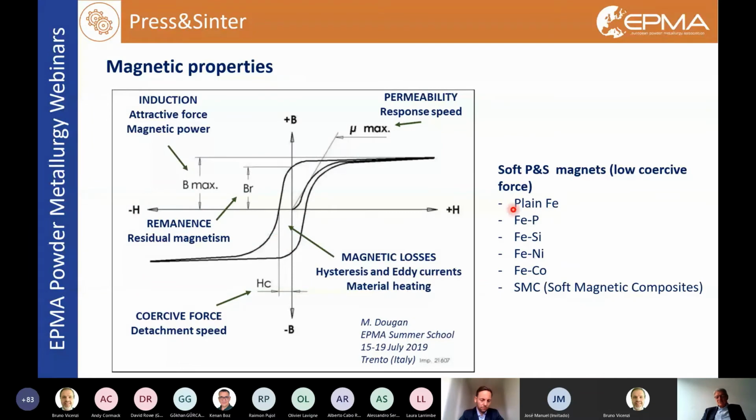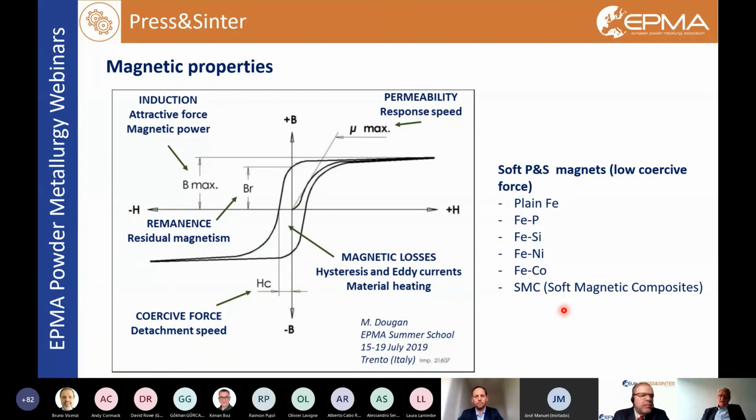And with the present sinter technology, we may produce several soft magnets characterized by low coercive force, starting from iron, iron phosphorus, iron silicon, iron nickel, iron cobalt, and very special products, soft magnetic composites, where the single iron particles are coated by a very thin insulating layer that remains in the final microstructure, improving significantly the magnetic properties.